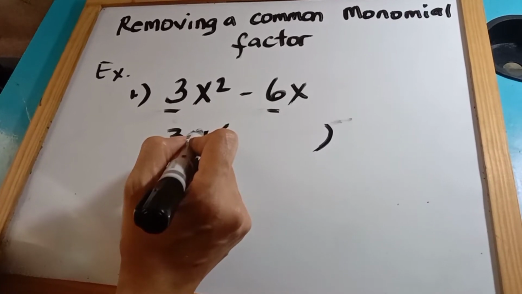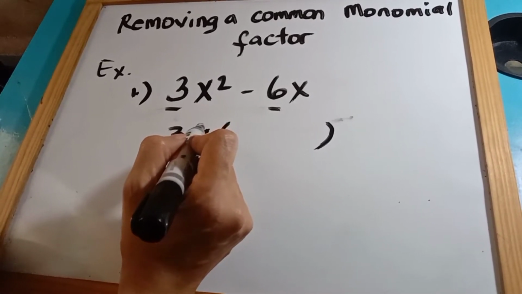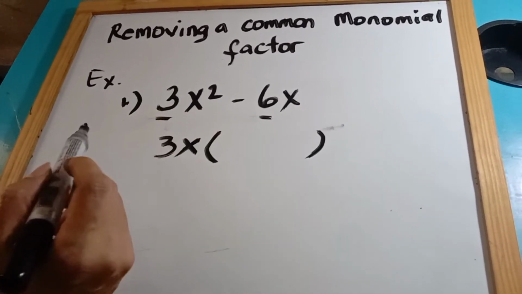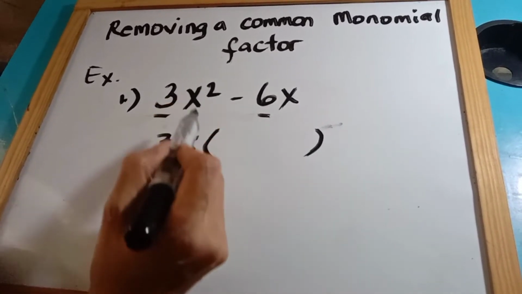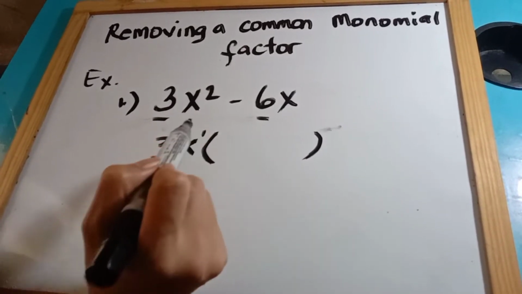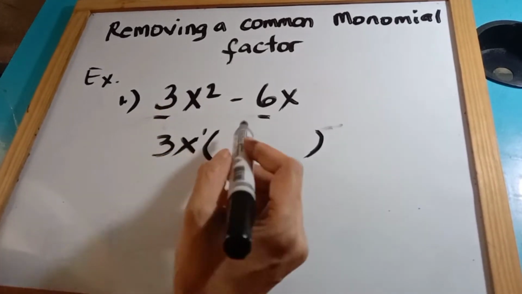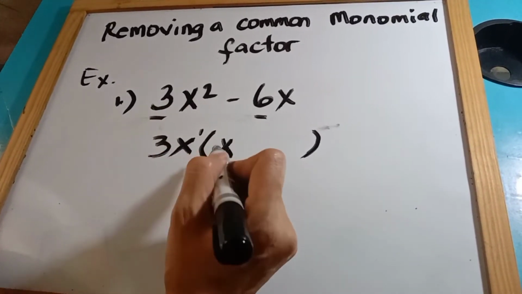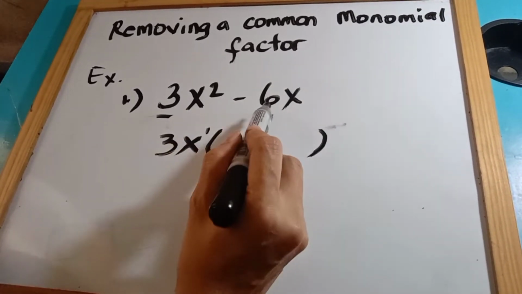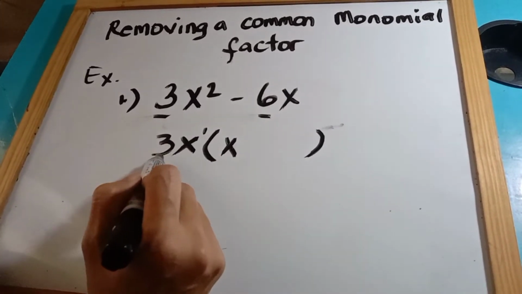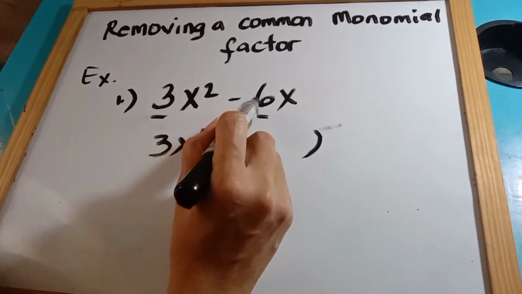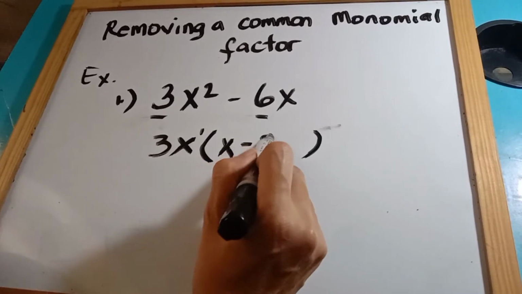So remember, kapag nagdi-divide tayo ng coefficient, sinusubtract lang natin yung kanilang exponent. So 2, ang x na dito sa ating common factor, understood na 1 yung exponent. So 2 minus 1, that is x to the first or simply x. Next, let's have the second term, 6x divided by 3x. So negative 6 divided by 3, that's negative 2.